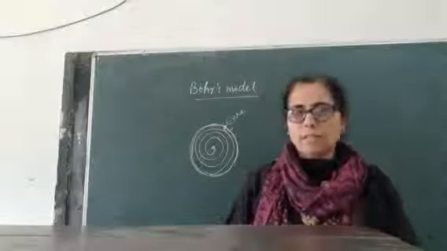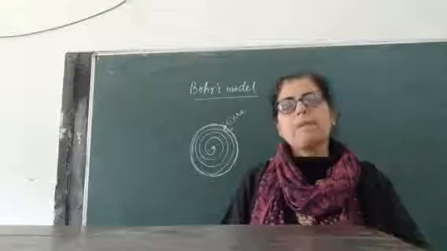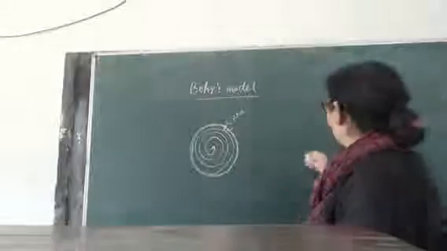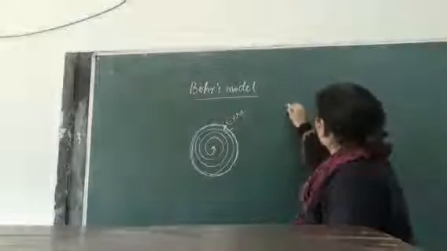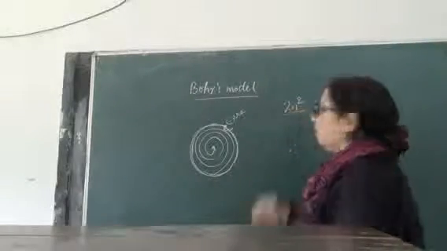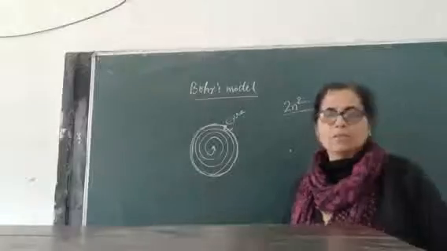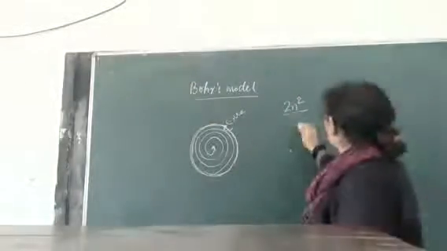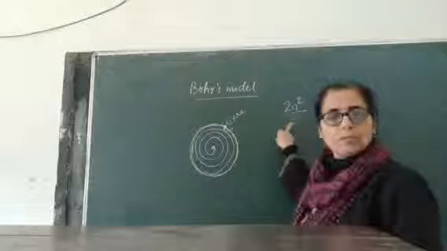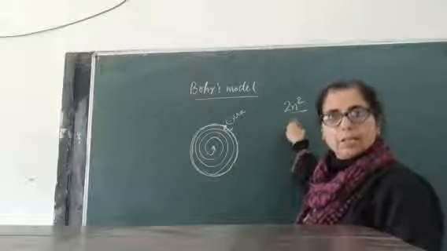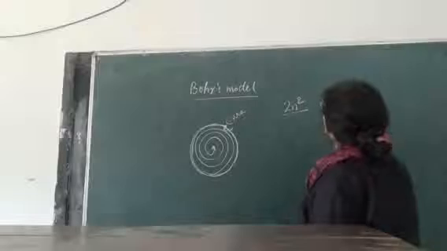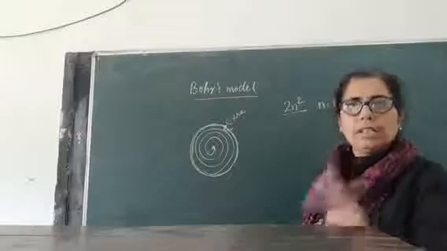Why this does not happen could not be explained by Rutherford, but was explained by Bohr. According to Bohr, there is the 2n square rule, which gives the arrangement of electrons in each shell. According to this rule, when n is equal to 1, the first shell should contain 2 electrons.